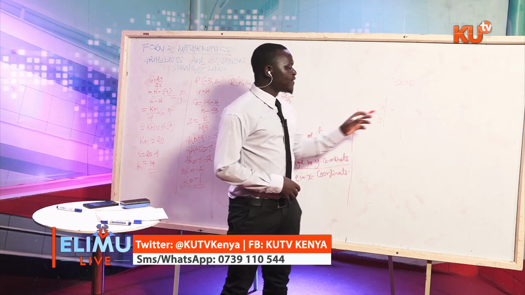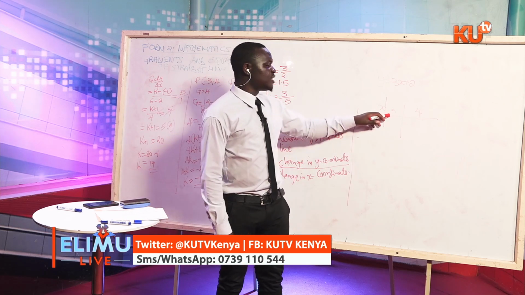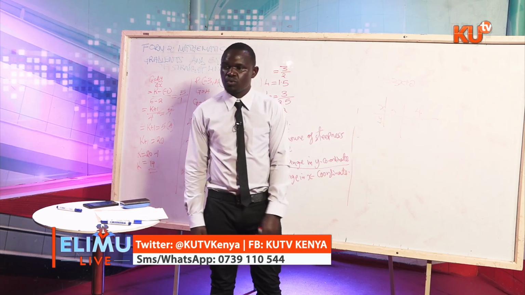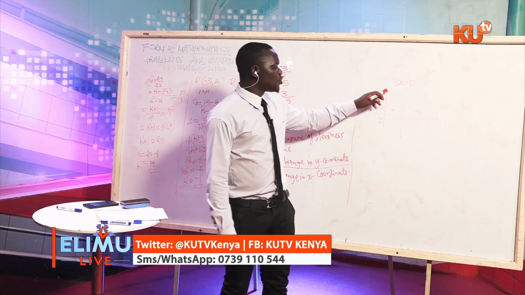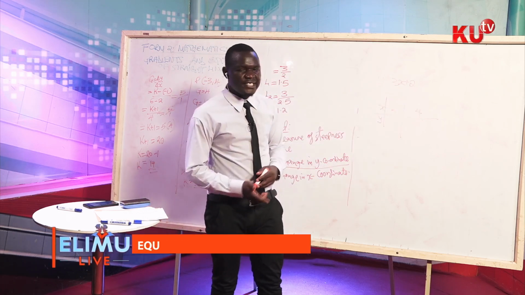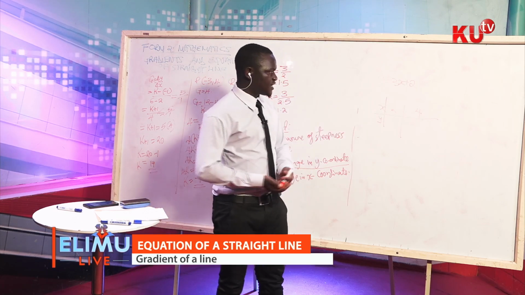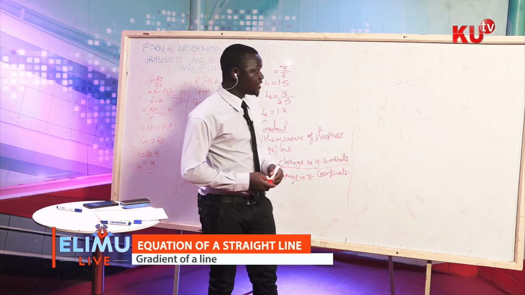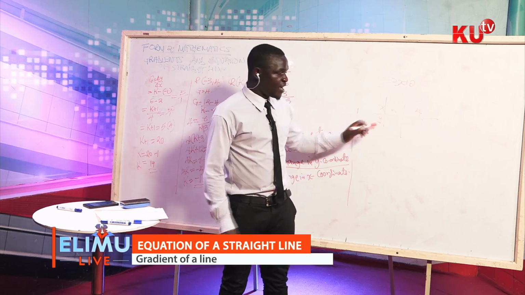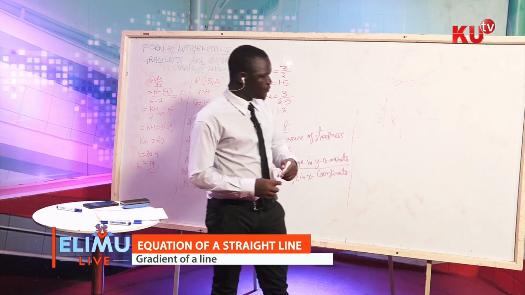Wherever there is x in that equation, we input the value of x, which is 2, okay? So for this case, it will be 3 into 2 plus 2. What are you getting? 3 into 2 is 6, plus 2 gives you 8, meaning when x is 2, y is 8.